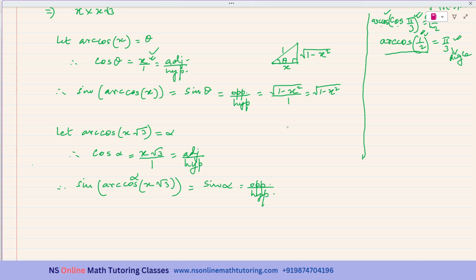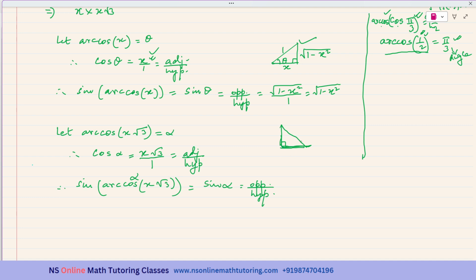Again, let us draw the right triangle. I am drawing the right triangle in the opposite direction. It is not that you have to draw the right triangle this way. And this has become an arrow. By chance, I have not drawn the arrow. Okay, so this is the right triangle. Don't take this extended part.